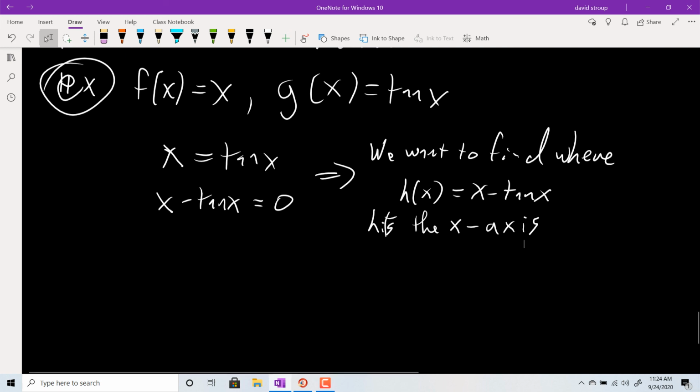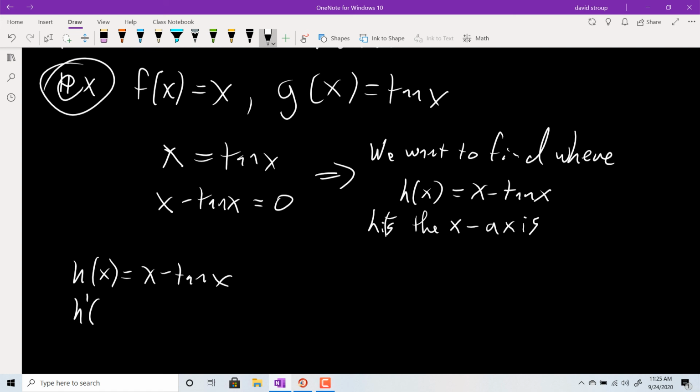Okay, so once you set that up, then you could go to your calculator and look at the graph and find a point that looks close to the intersection, and then use Newton's method to figure out your answer. So we're dealing with h of x equals x minus tan x.